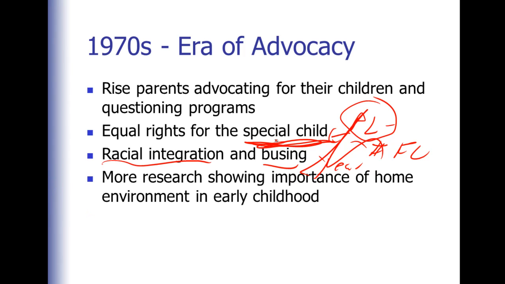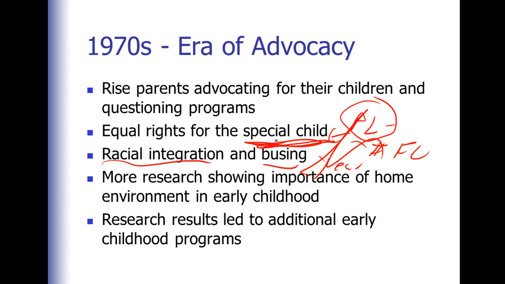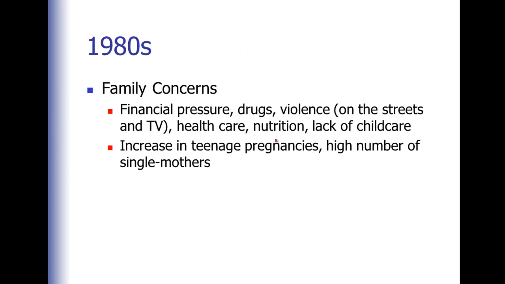More showing importance of home environment in early childhood in the 70s. Yes, and remember it went back to the Head Start program. Then the 80s, financial pressure, drugs, violence, health care, nutrition, lack of child care. And again, the child care thing came because more and more and more women in the workforce.